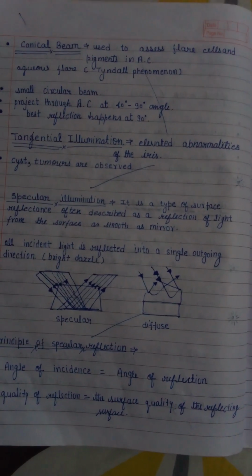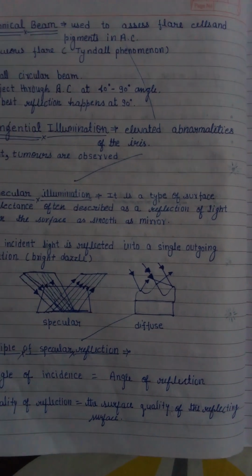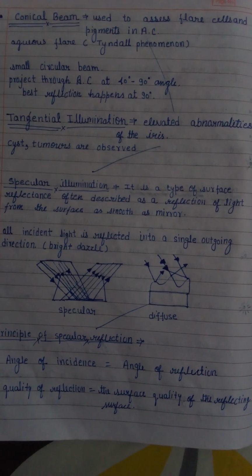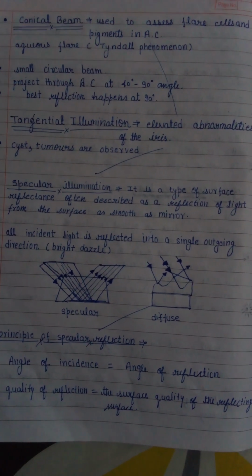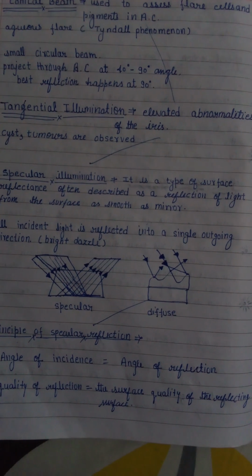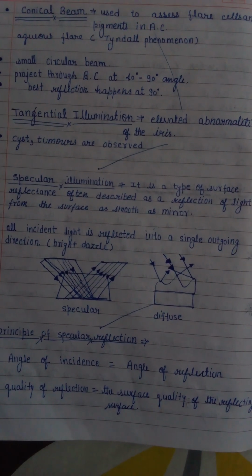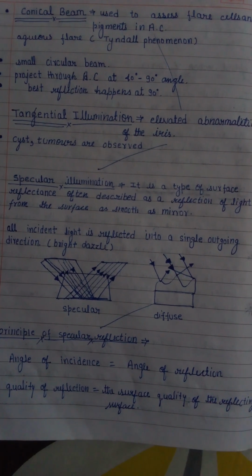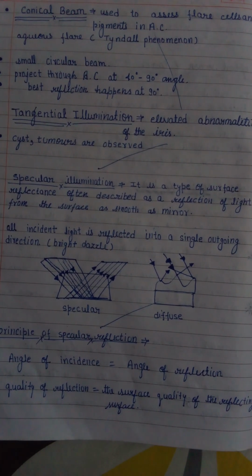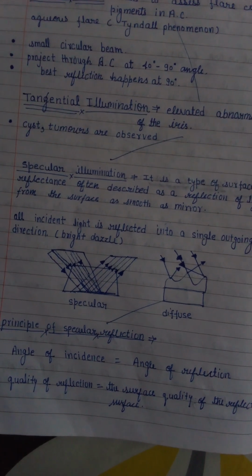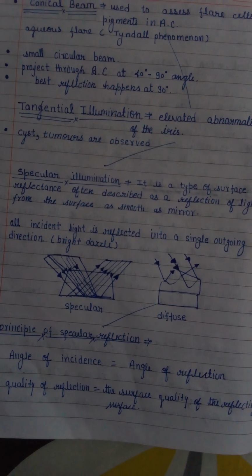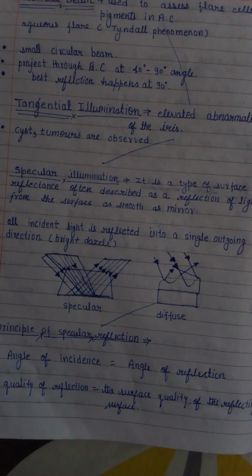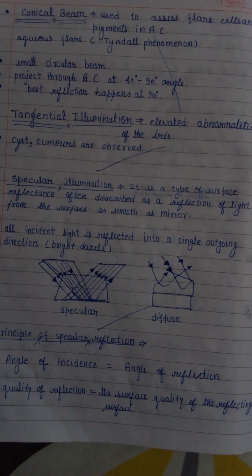So the conical beam is mainly used to observe the cells and flare in case of inflammation, and this is based on the Tyndall phenomenon. It is a small circular beam, very small and circular, projected through the anterior chamber at a 40 to 90 degree angle. So the illumination system will be situated at a 40 to 90 degree angle, and the best reflection happens at 90 degrees.